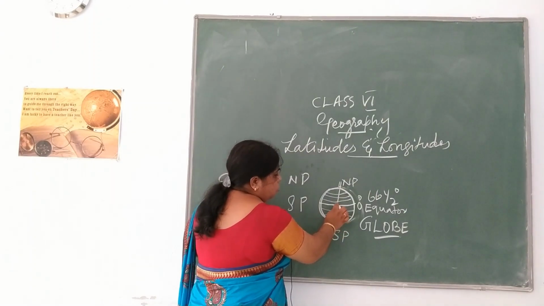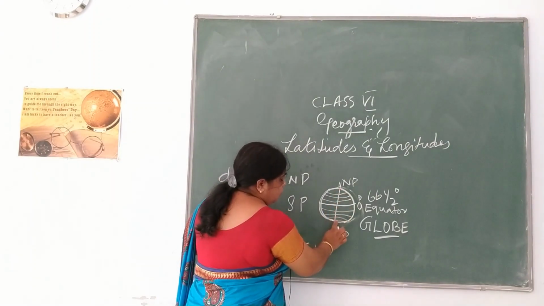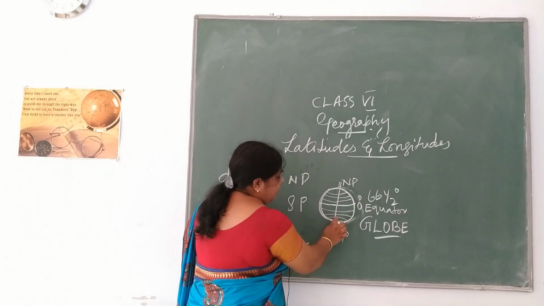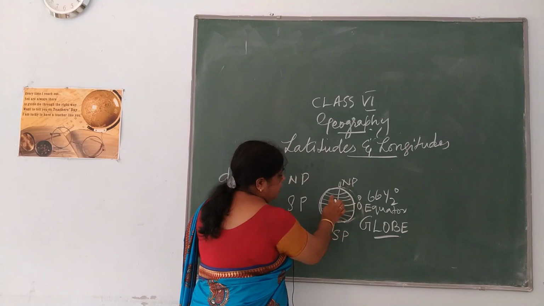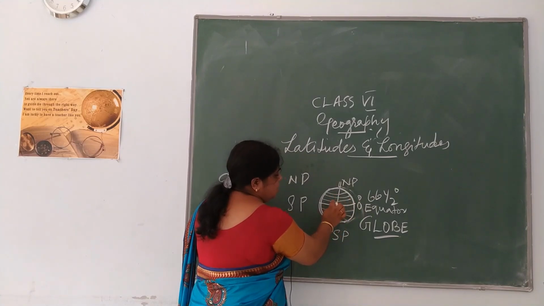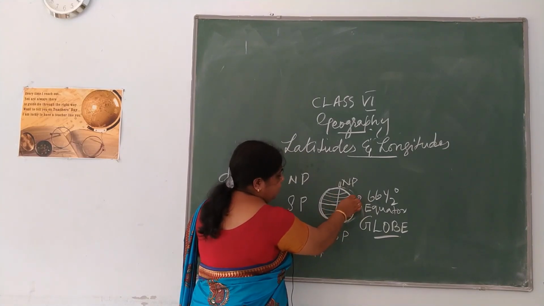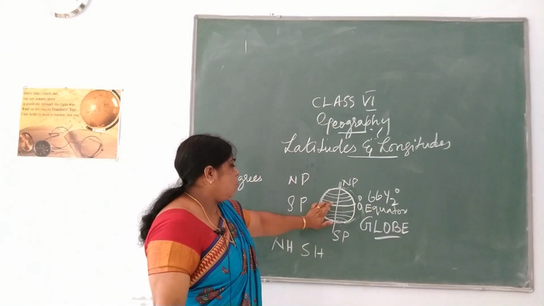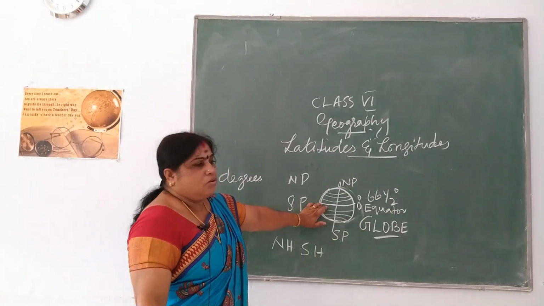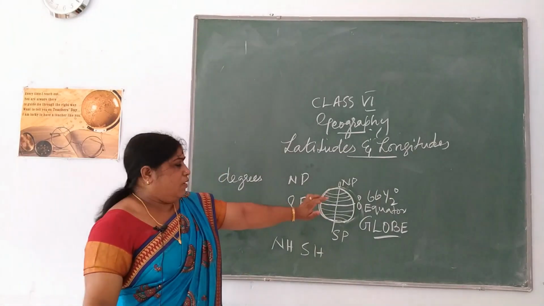And as it goes towards the North Pole or towards the South Pole, its size goes on decreasing. And none of these lines ever touch each other. When you look at the picture, you will understand these lines never intersect or touch each other. So if you are asked what is an equator?